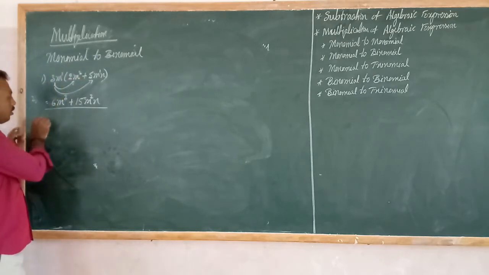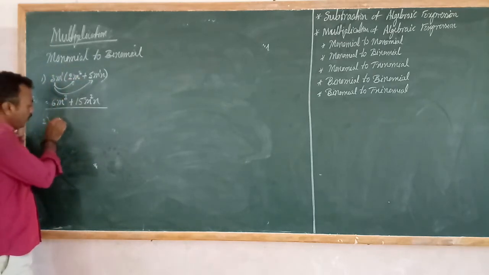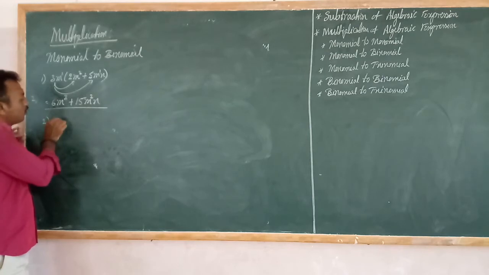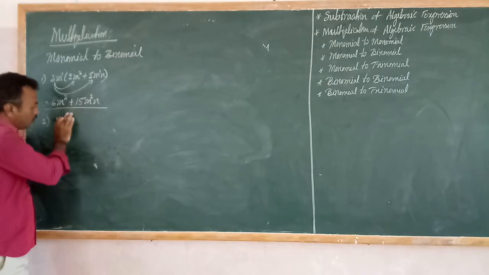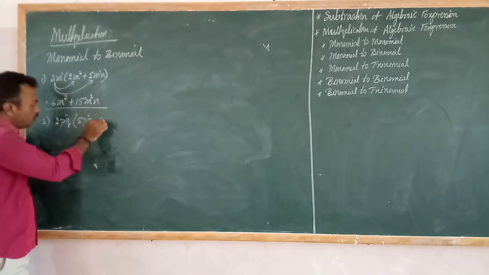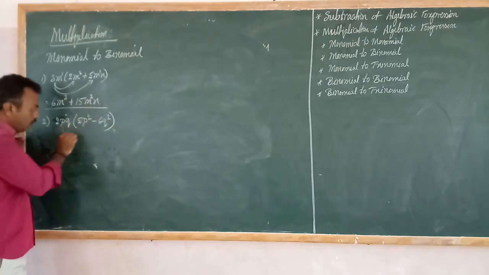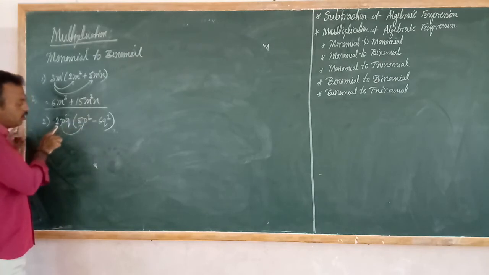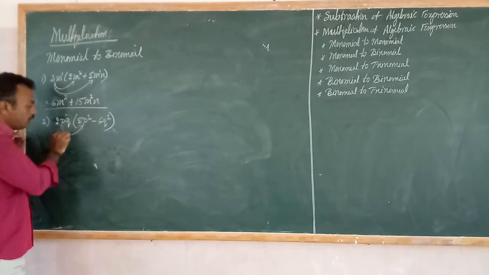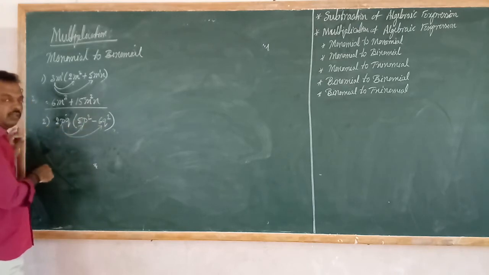So I will take one more example: 2p cube into 5p square minus 6q square. Okay, see, first, same rule. The monomial should multiply the first term of the binomial, and again the monomial multiplies the second term of the binomial.